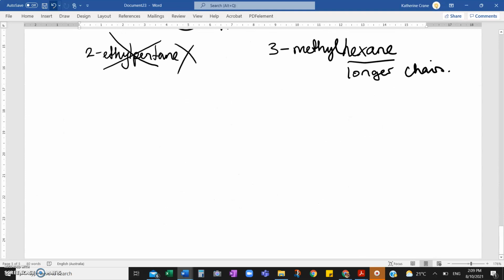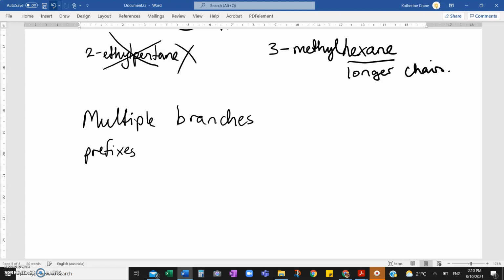One more thing to learn about these is when you have multiples. So multiple branches. And you name this by the carbon they're on, and you use the prefixes either di for 2, tri for 3, and tetra for 4.